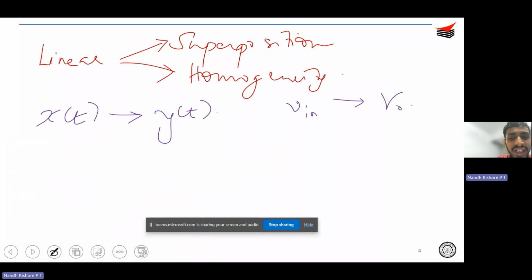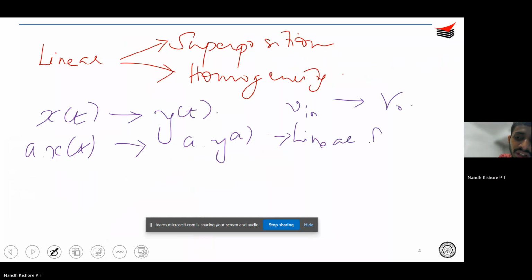So then the idea is that if I feed A into x of t, that is, if I just scale the voltage, right? If I do a linear scaling, then the output also needs to be scaled linearly. That's the idea, right? So if you feed A into x of t, you need to get A into y of t. Okay. So this is linearly scaled. So this is called linear scaling.